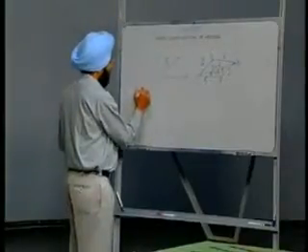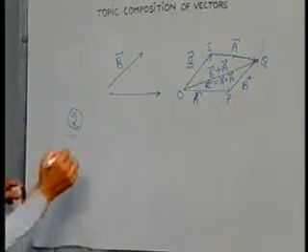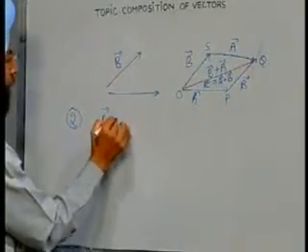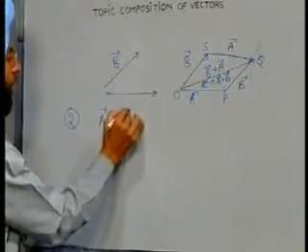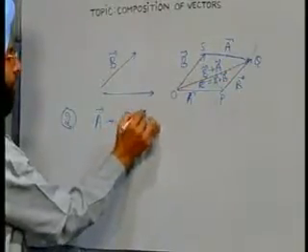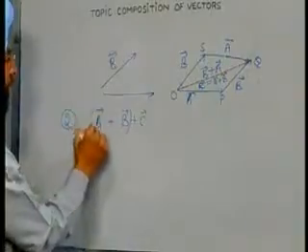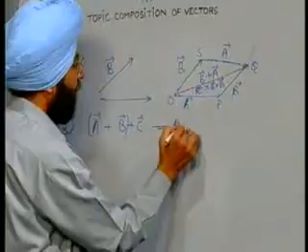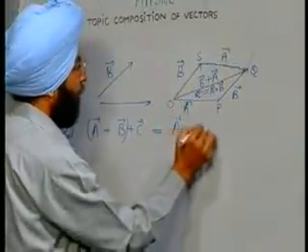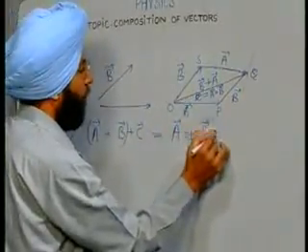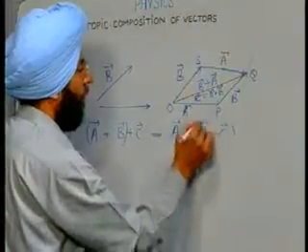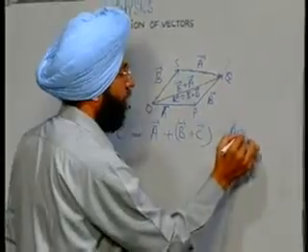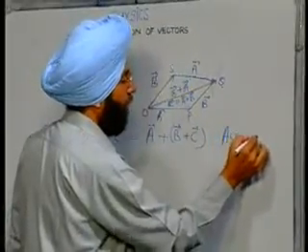Now, the second property of vector addition is, if we have A plus B plus C, then we call vector addition associative.